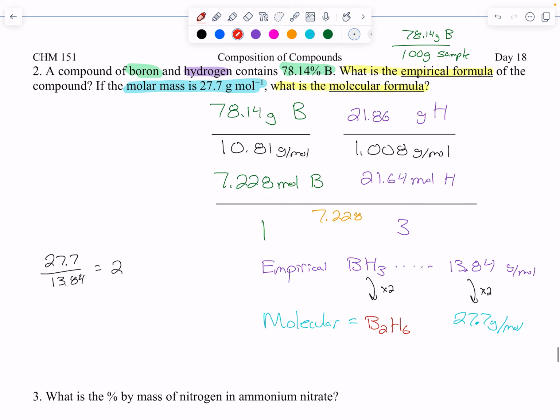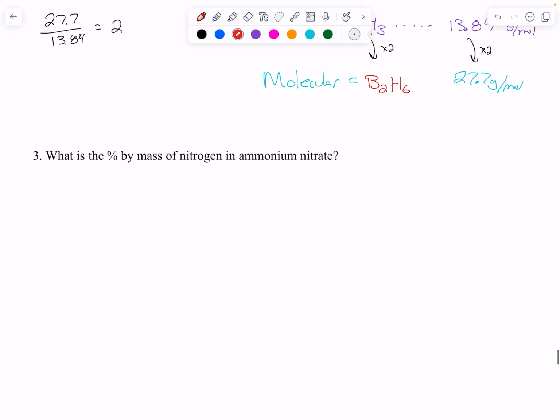All right. Moving on to number 3. What is the percent by mass of nitrogen in ammonium nitrate? Step 1. What is ammonium nitrate? So ammonium, NH4 plus, nitrate, NO3 minus.